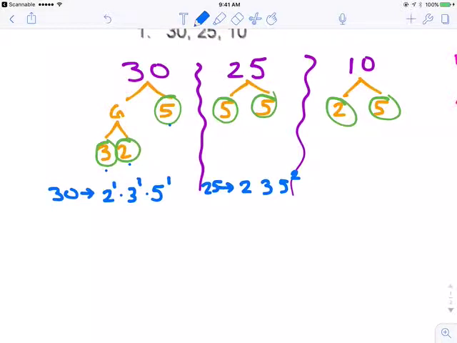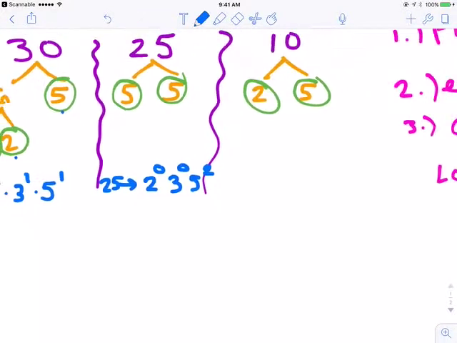Has to be 0. Has to be a power of 0. How come? Well, there's not even a 3, right? Anything to the power of 0 is 1. That's why we're going to do this. 2 to the power of 0 as well.